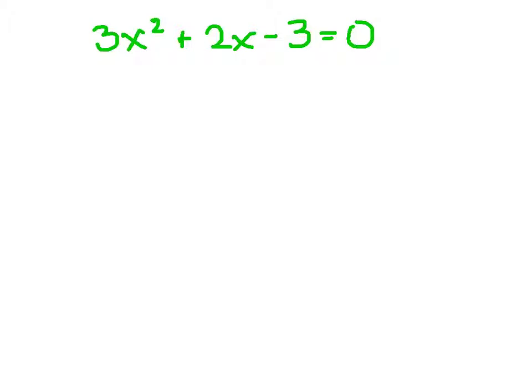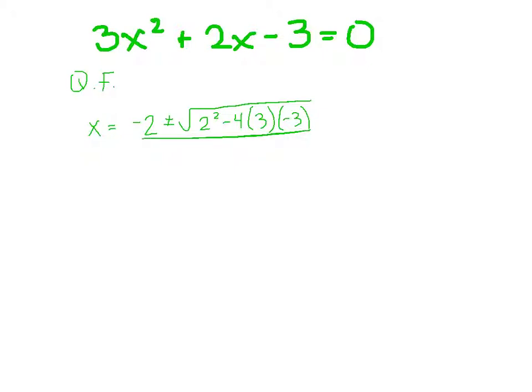Once we have this polynomial written out, if you can't factor, then you have to use the quadratic formula. So the quadratic formula says x equals -b, which would be -2, plus or minus the square root of 2 squared minus 4 times 3 times -3, all over 2 times 3.